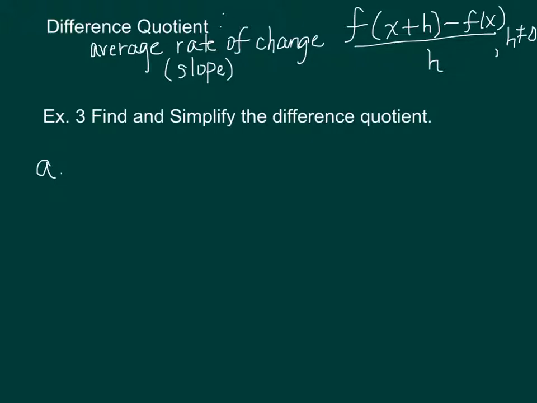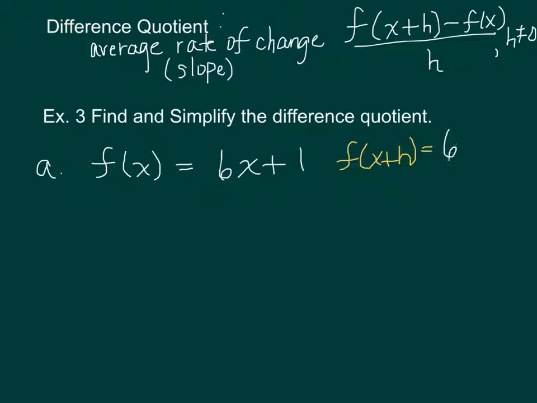Okay, so they're going to give us the function f of x equals 6x plus 1. All right, so according to the difference quotient formula, we have to find f of x plus h, because we don't have that. We have f of x, we just don't have f of x plus h. So what that means is you're going to plug in x plus h for x. So you're going to just plug that inside of here.